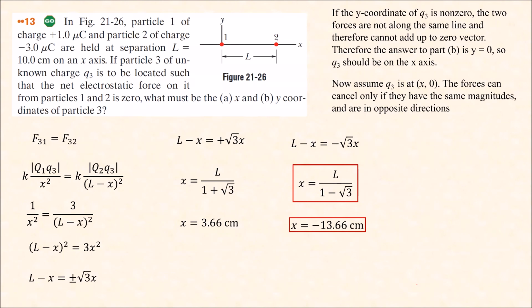The other one is not acceptable. Of course, there the magnitudes of the two forces are the same, but they happen to be in the same direction, so they cannot cancel each other. But in the other case, negative 13.66 centimeters, they are in opposite directions and have the same magnitude. So this is the solution to this problem.